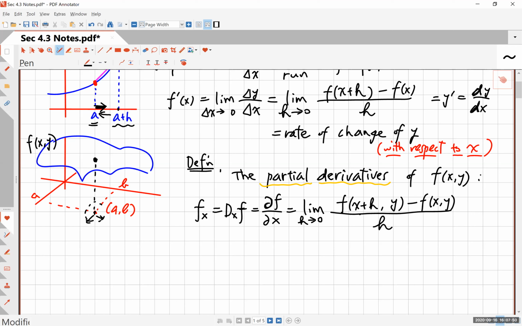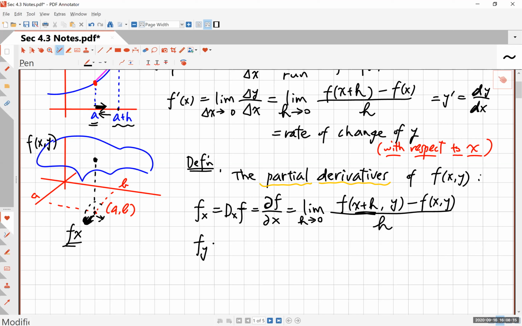We're adding h in the x direction. In other words, what we have just defined is the rate of change in the positive x direction. That's what f sub x is. F sub x is not this vector, but f sub x is the rate of change of f if you are to go in the direction of the positive x-axis.